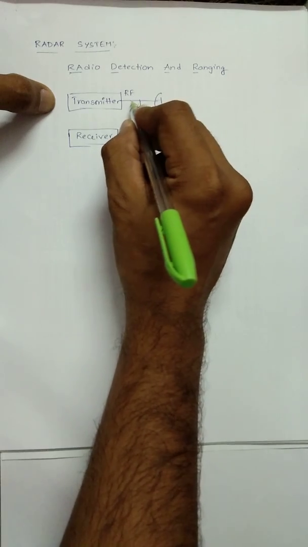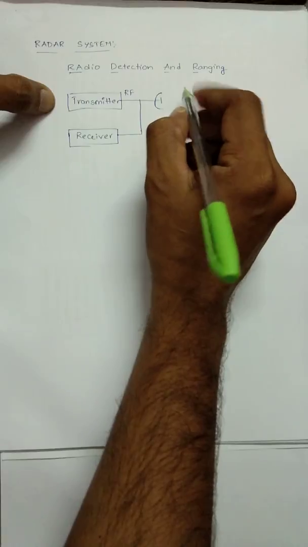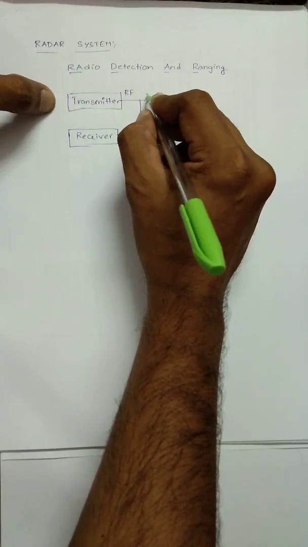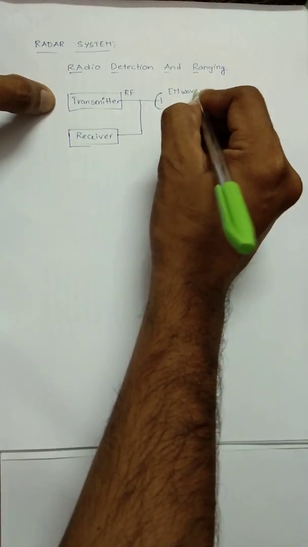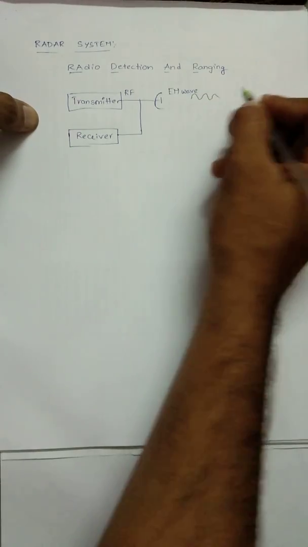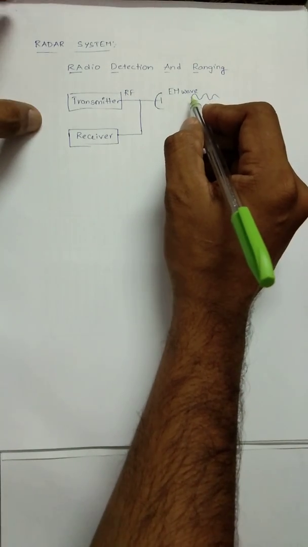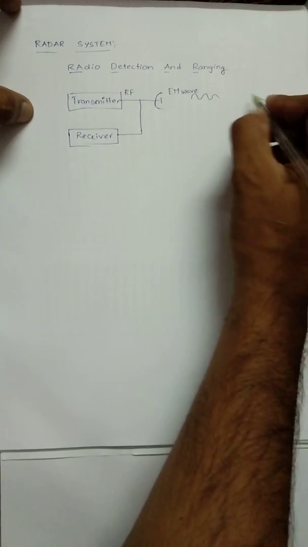That RF signal will pass through the antenna and radiate into free space. The antenna here acts as a transducer which converts the RF signal into an electromagnetic signal. So the output of the antenna is an electromagnetic signal. It will emit EM waves. As it emits EM waves, the radar system is also known as an electromagnetic system.